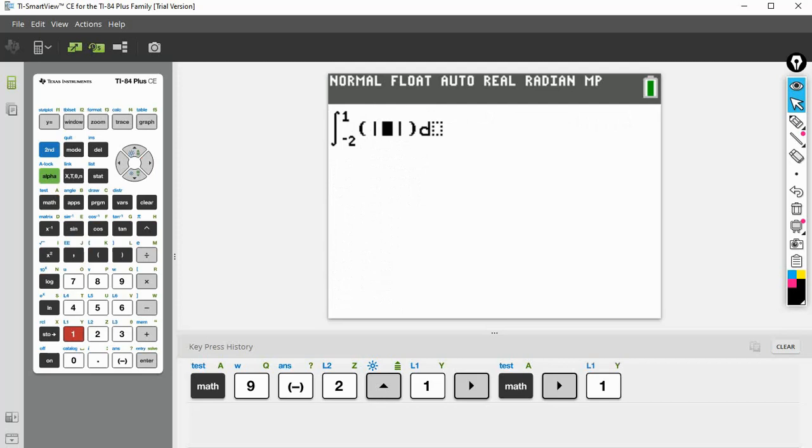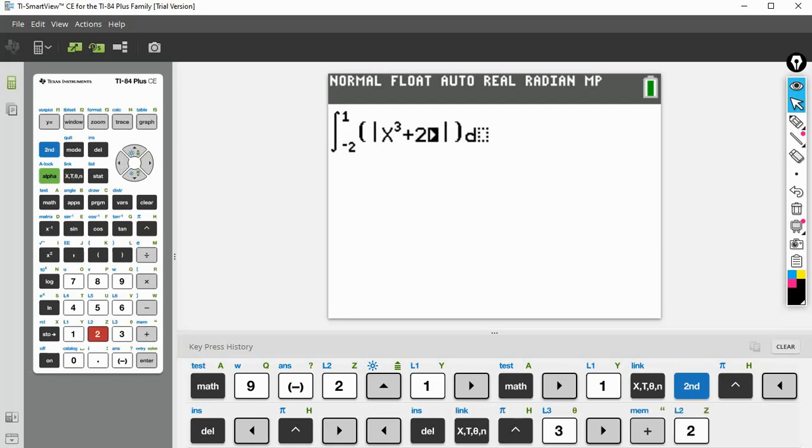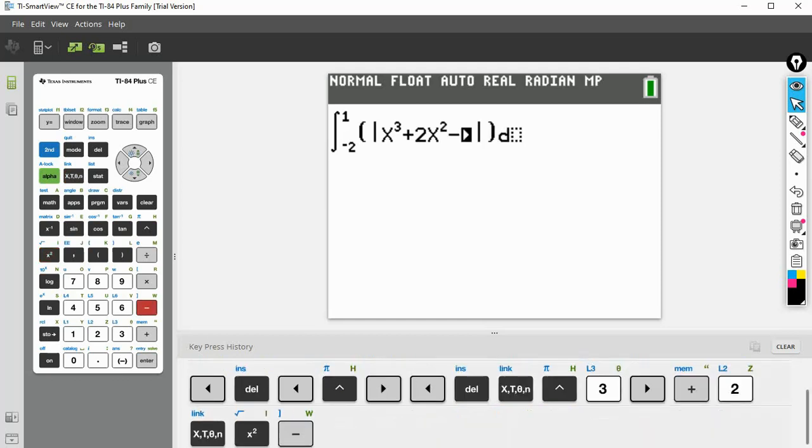So we said we have to do the top curve minus the bottom curve, although with absolute value it doesn't really matter in which order you do it. x cubed plus 2x squared, that was the first curve, minus, and here we have to be careful, use parentheses, the second curve, which is x squared plus 2x.